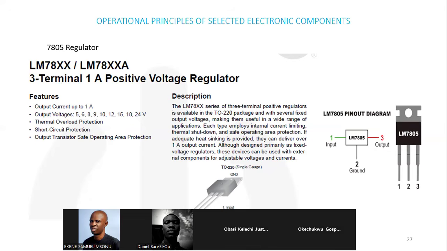If you supply voltage 3 volts above the expected output voltage to any of these series, you are going to get a regulated output, meaning if you are going to work with 7805, the minimum voltage you should supply as the input is what?